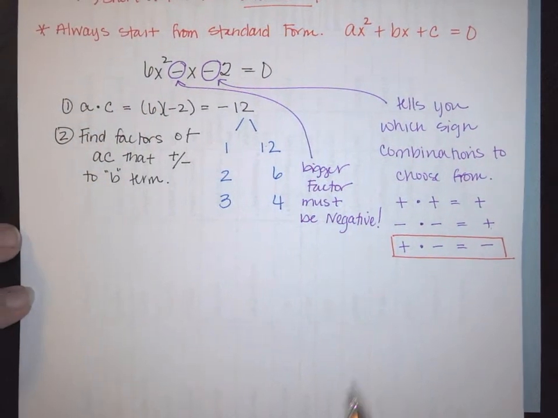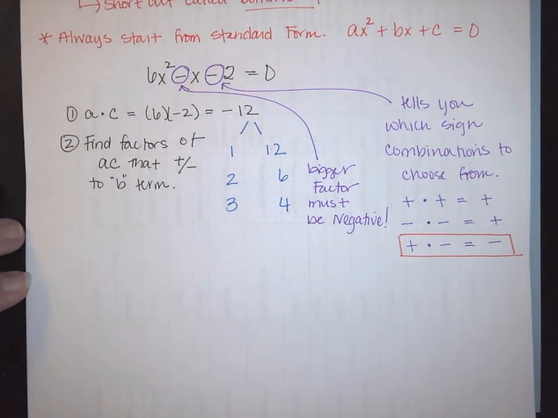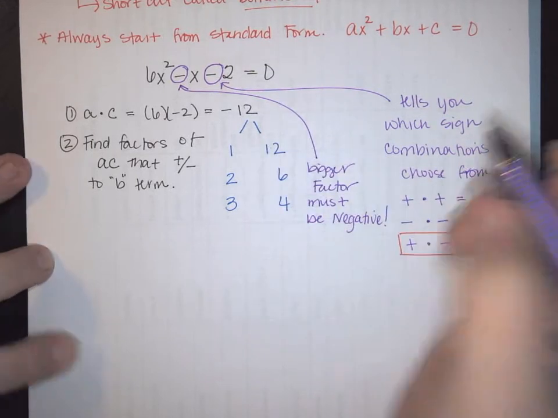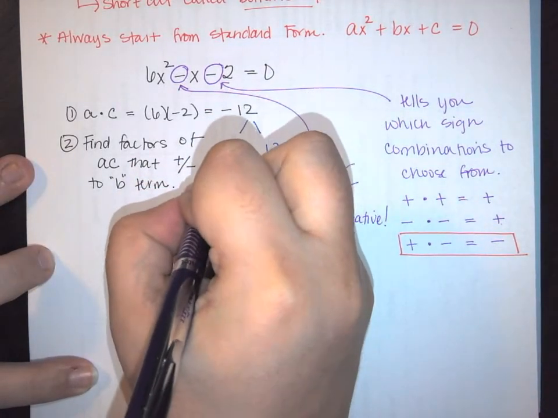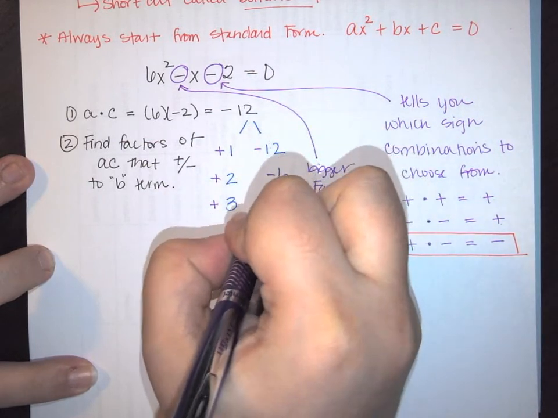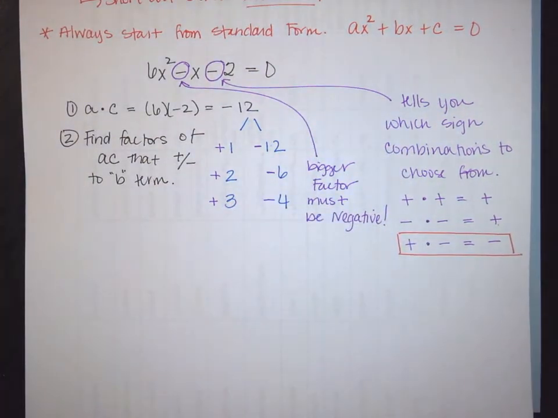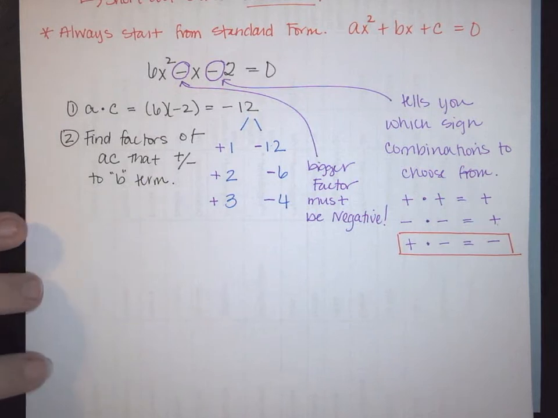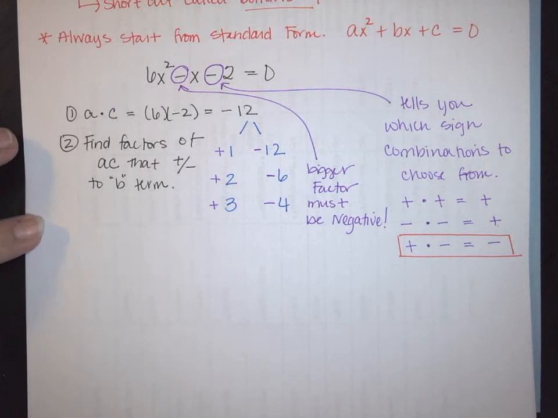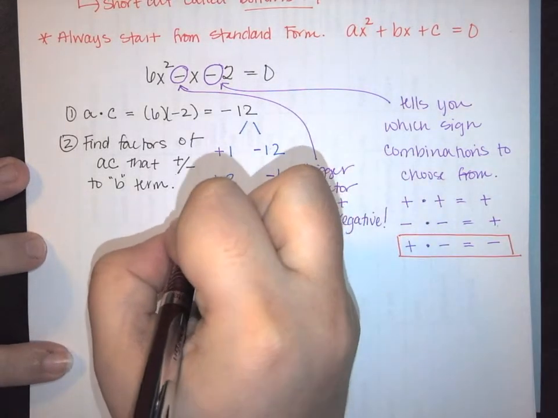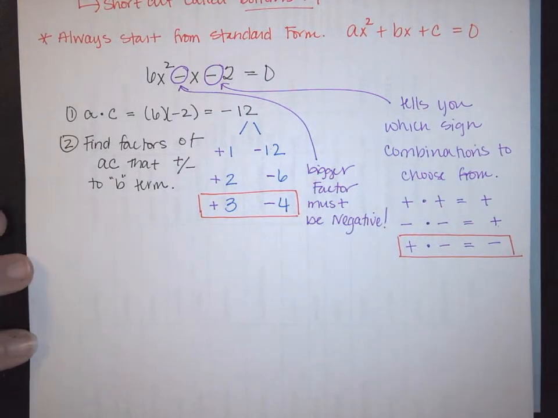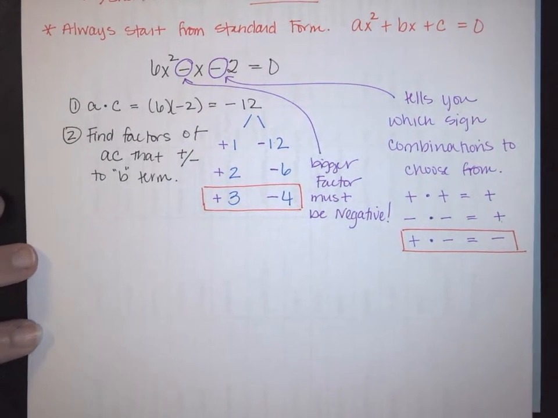So because of that, I know when I am looking at all of my factors that my tiny factors over on this left-hand side are positive and my right-hand side, or the bigger factors, are negative. Now I need to know which combination of those terms when combined is going to give me a -1. So if you look, the only one that's going to work is this last one, where I have +3 minus 4. Okay? So I have found my factors.